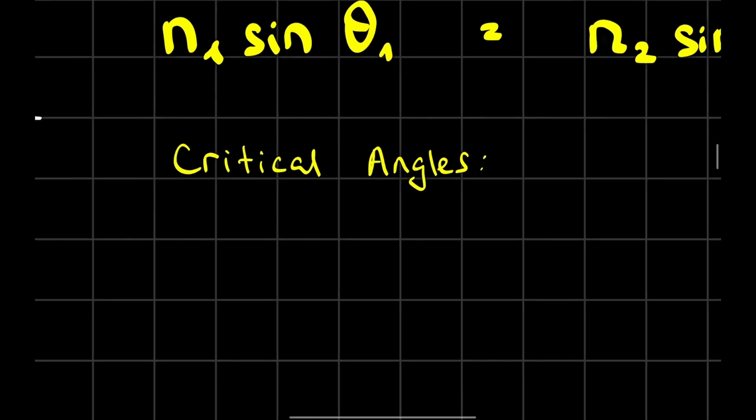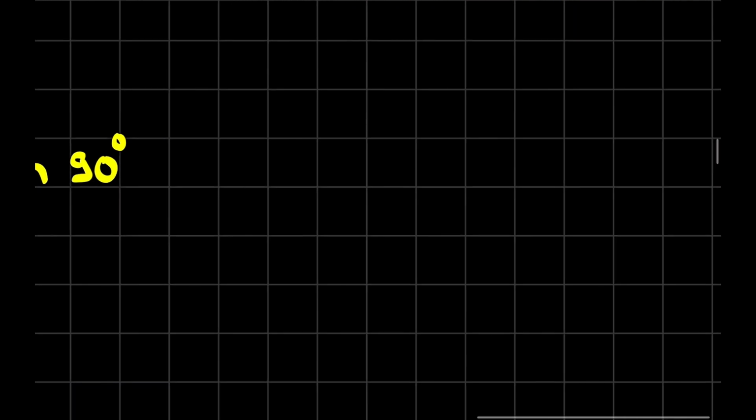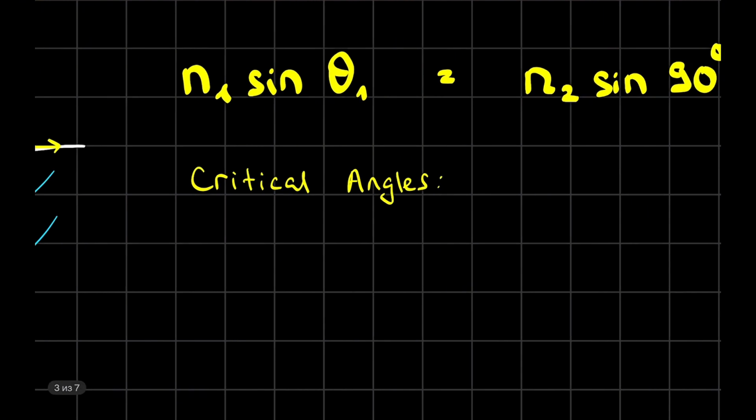And let's count it for water, and let me tell you that the index of refraction of air is just 1, and in water it is 1.33. And we can just apply these numbers, which are really easy.